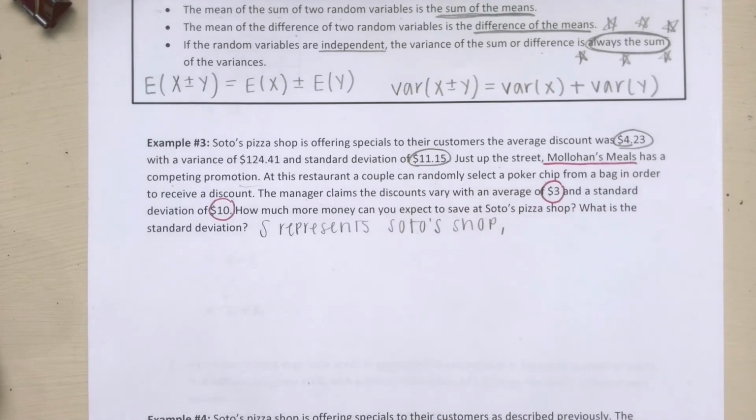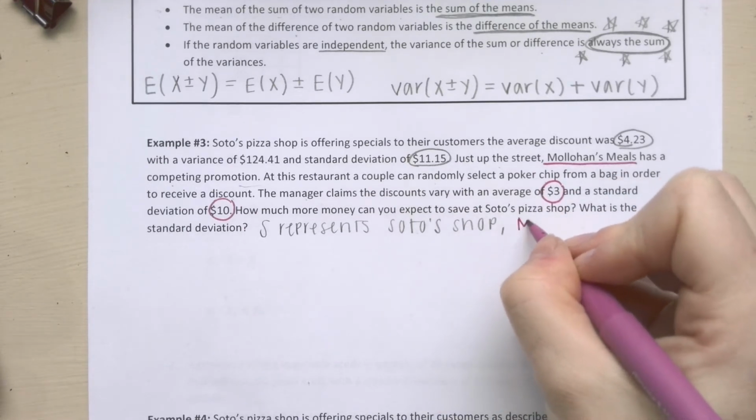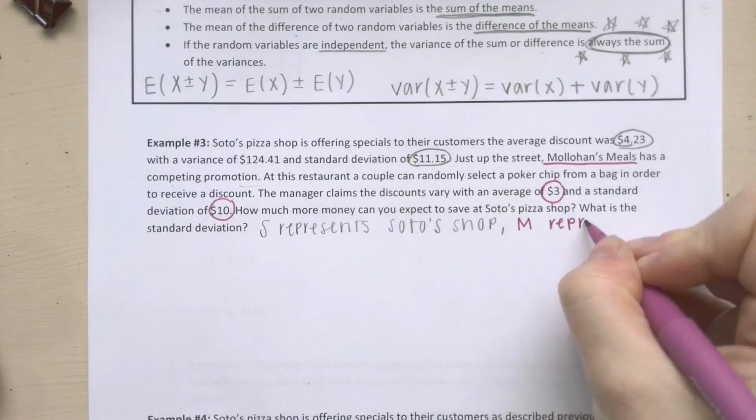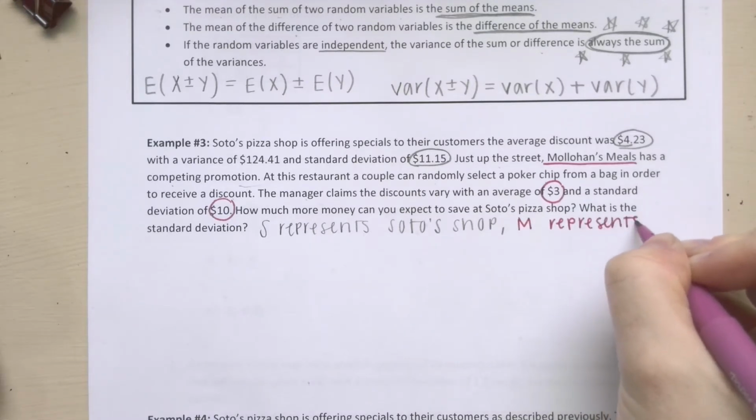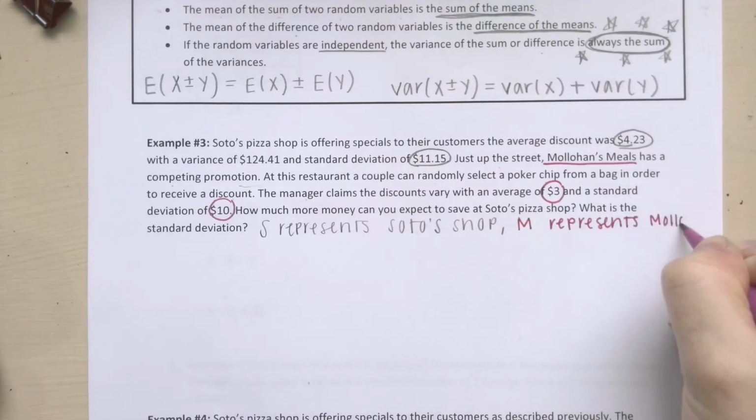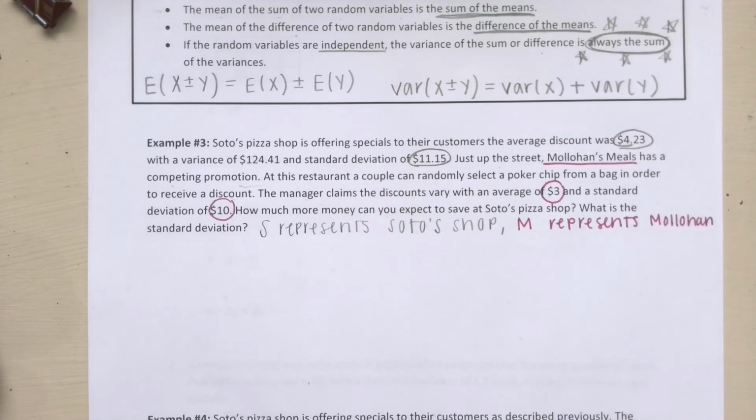And for Mollahan's Meals, let's use M. M represents Mollahan. So there are my two random variables, and you didn't have to use S and M. You could use X and Y, whatever the case may be.